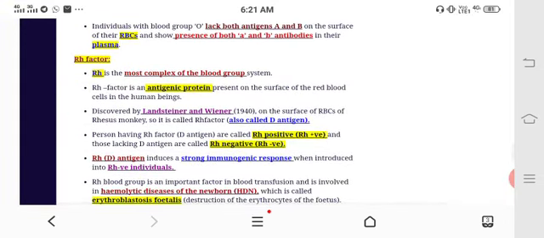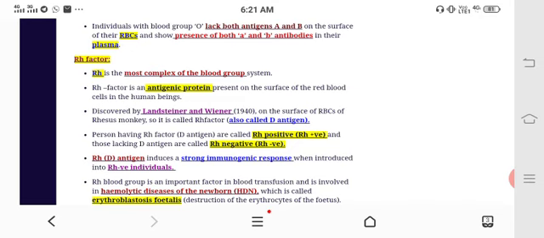It is an antigenic protein also present on the surface of RBCs in human beings. First, Landsteiner discovered this RH factor on the surface of the rhesus monkey's RBCs.